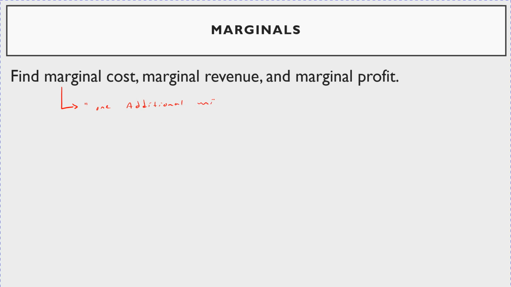So the idea with marginal cost, marginal revenue, and profit, and the calculus aspect of it, is that we're going to be investigating the rate of change of selling, producing, revenue, and profit for one additional unit.